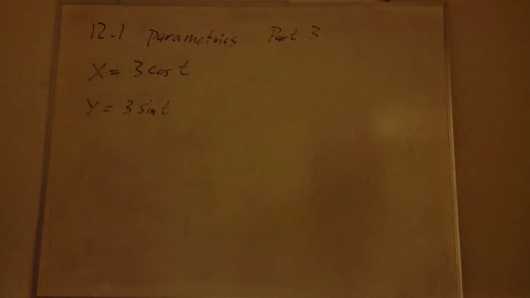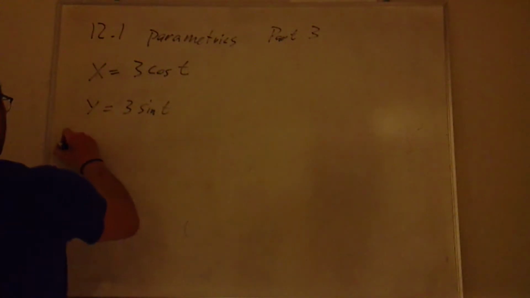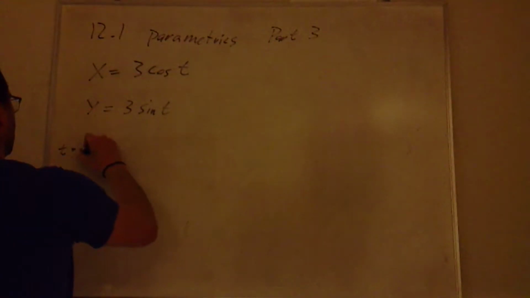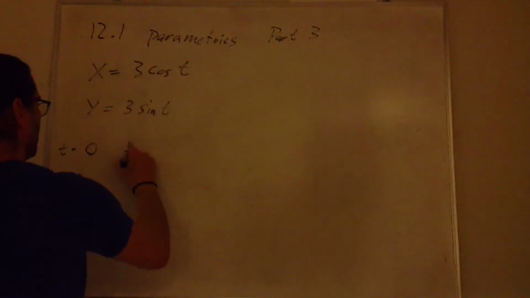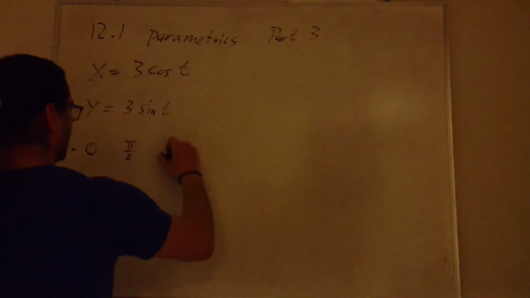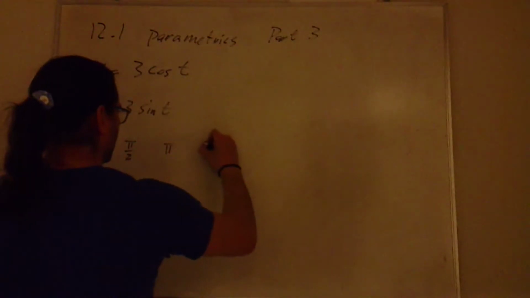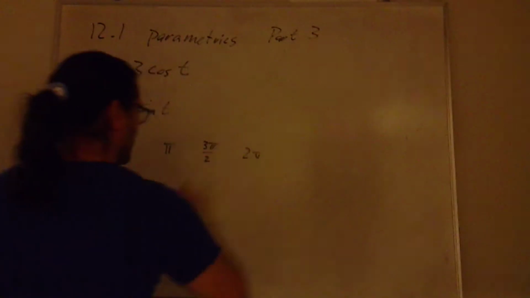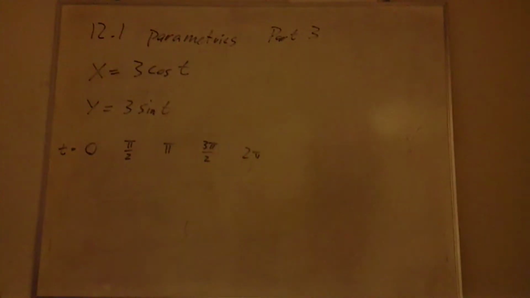As usual, I'm going to start the graphing process for this by making a table of values. I'll start with t. Let's see, for t I will use 0, pi over 2, pi, 3 pi over 2, and 2 pi. Seems like a good range of t values.